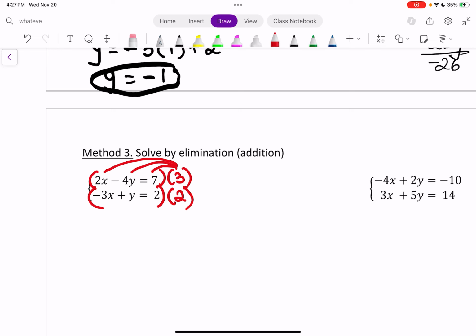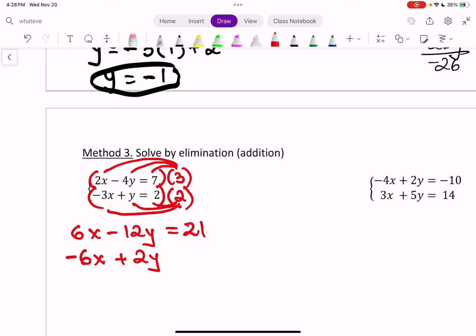So this is what we will get. 2 times 3 is 6x minus 12y equals... 7 times 3 is 21. Now the bottom equation I multiplied by 2, and I'll show in a minute why. Negative 3 times 2 is negative 6x plus 2y equals 4.